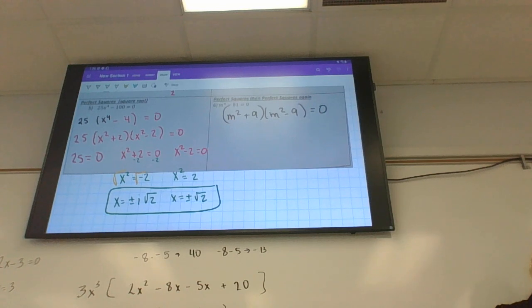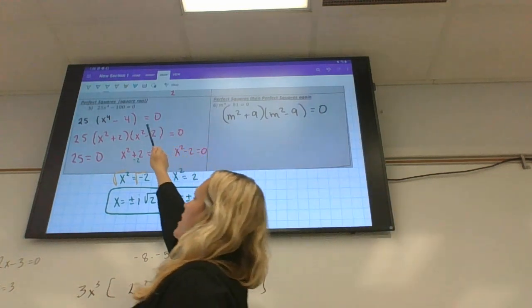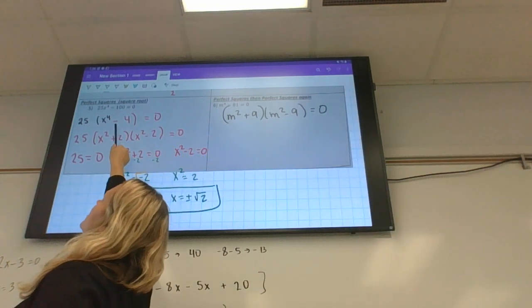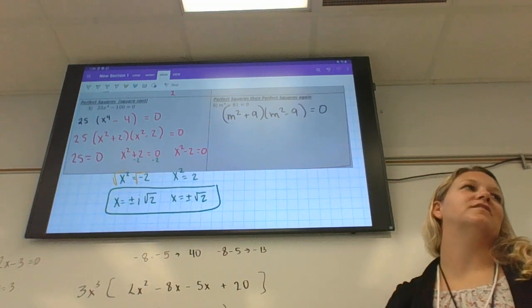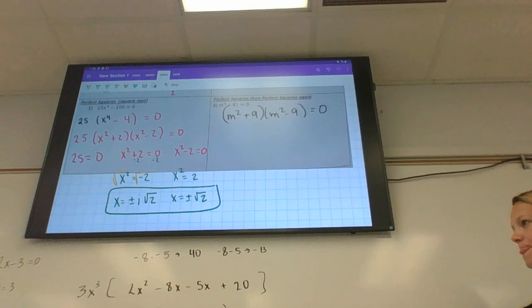I looked for what multiplied to -4 and added to 0. Or you can think of it as square rooting. So 25 doesn't equal 0. I put a line through it. It's a contradiction. It's not an answer. Good question.